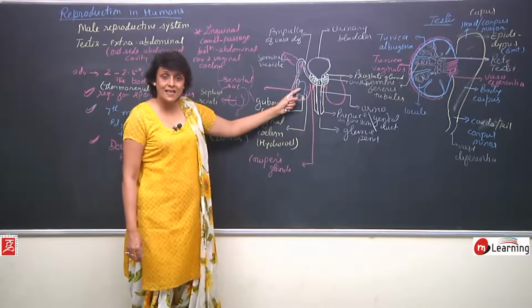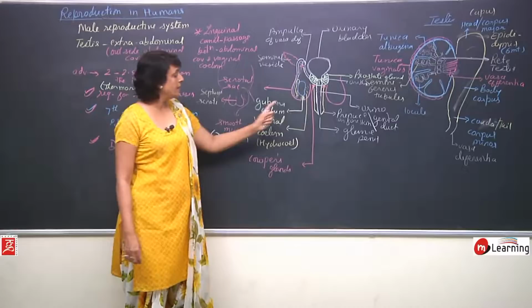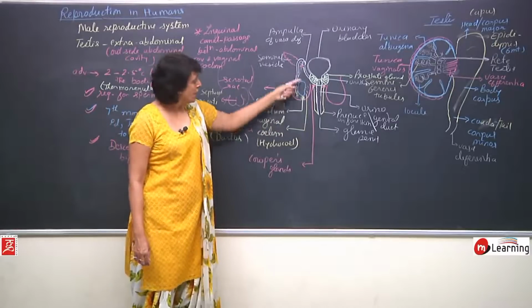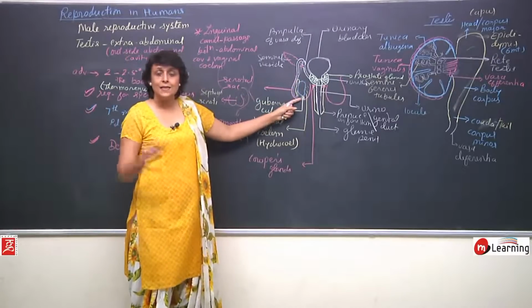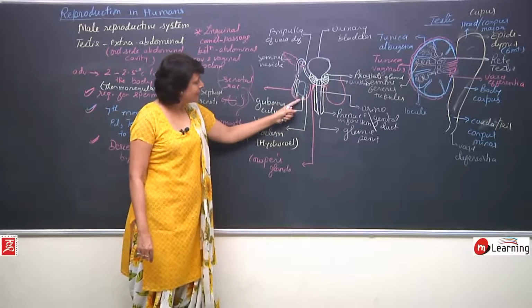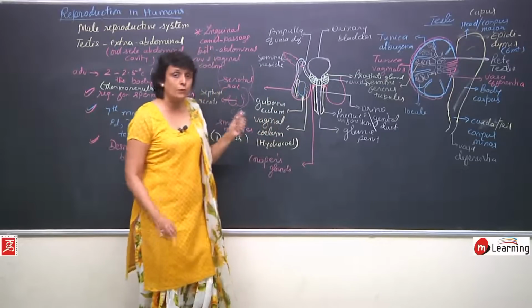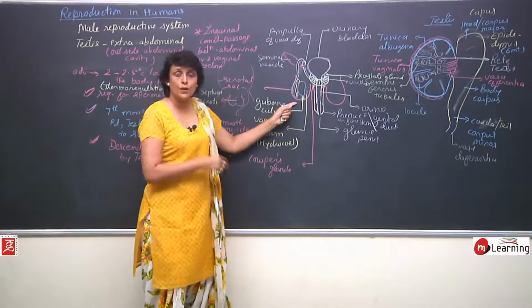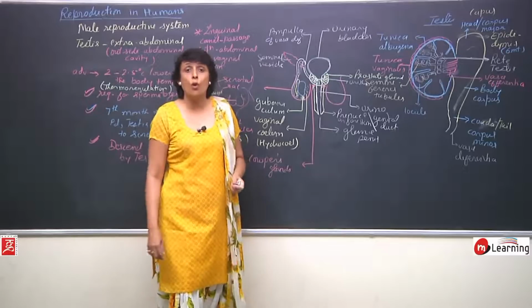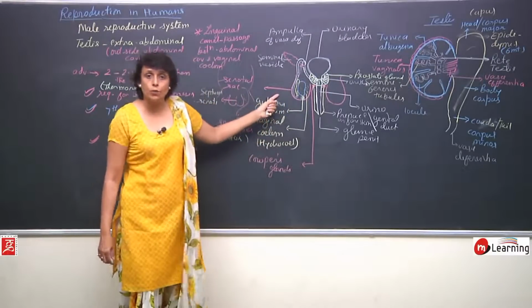The testes descend into the scrotal sac in the 7th month of gestation period under the influence of testosterone. Once they descend, a fibrous tissue is formed at the base. It connects the testes to the wall so that they do not move from their place. There is one more structure which we will not be able to draw here. It is called the spermatic cord, which is also a connection, and that also helps in thermoregulation.